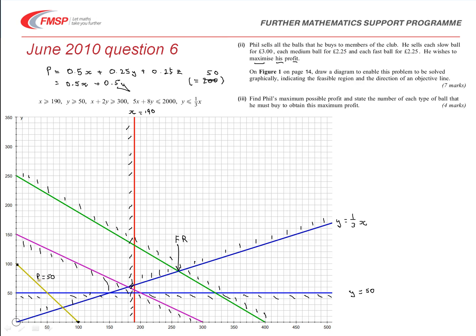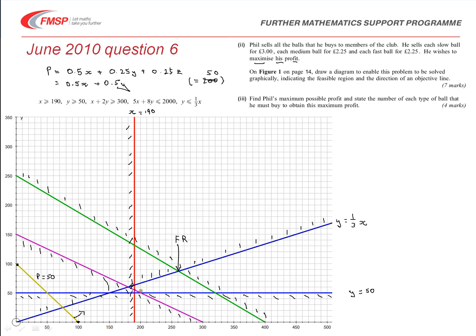Now we've got to find Phil's maximum possible profit and state the number of each type of ball that he must buy to obtain his maximum profit. So we now know we can move this profit line parallel and up the page. Initially it will hit our feasible region here, and that will be the minimum profit.